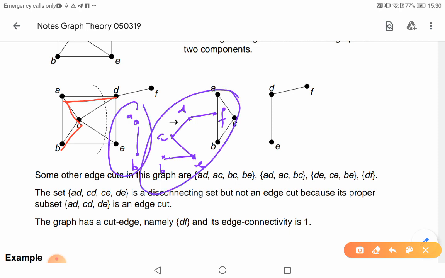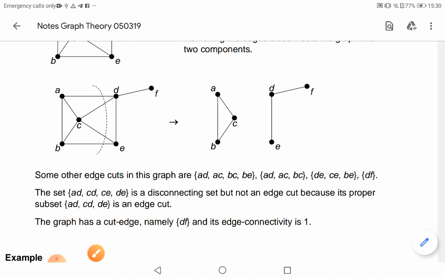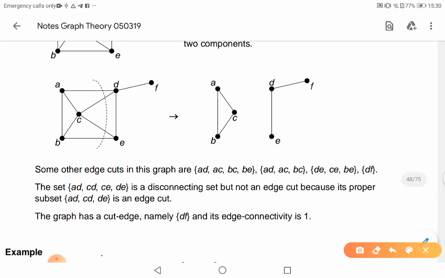You can try for DE, CE, and DF. If we cut only DF, what will you get? You will get one component and two components. So we say that the set AD, CD, CE, DE.